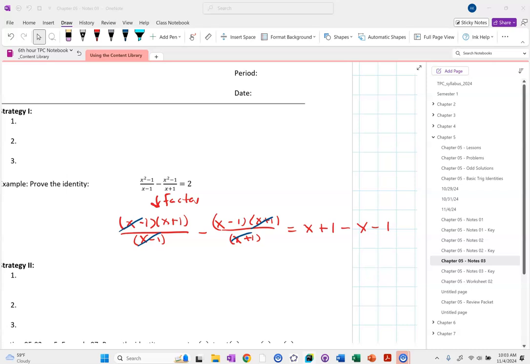It has to do with the subtraction symbol. They don't cancel out. What's "they"? I'm not sure what you mean by they. Like the x minus 1, the x plus 1. So that part is correct. The canceling is correct.